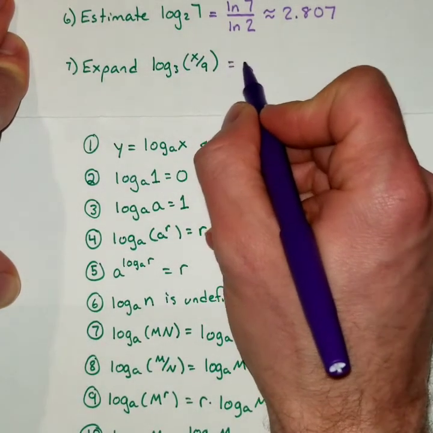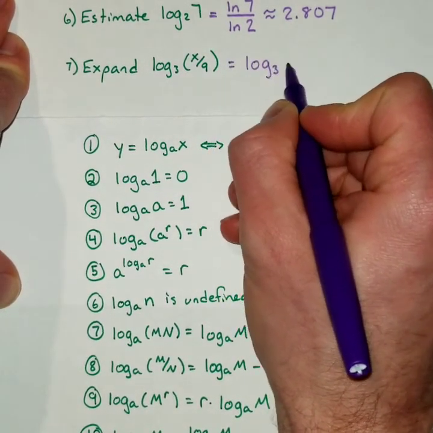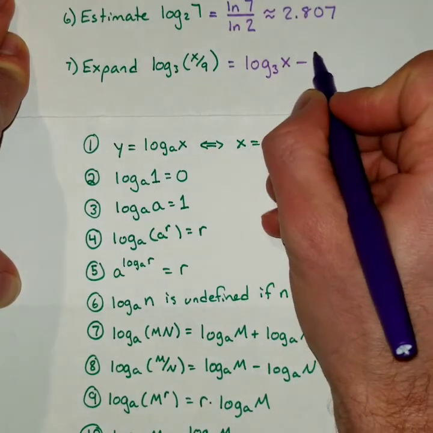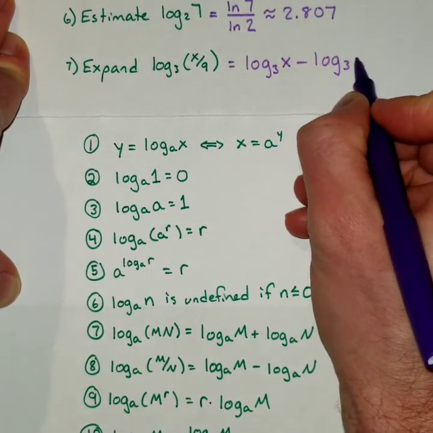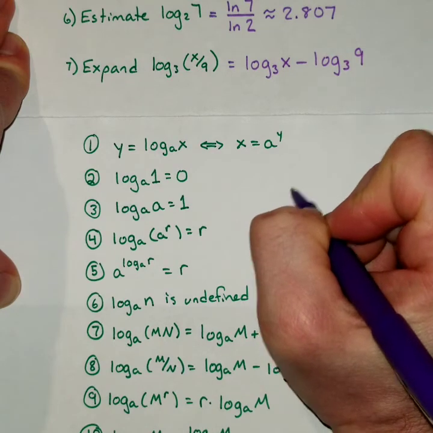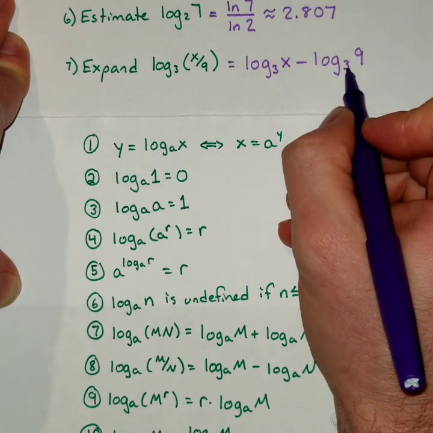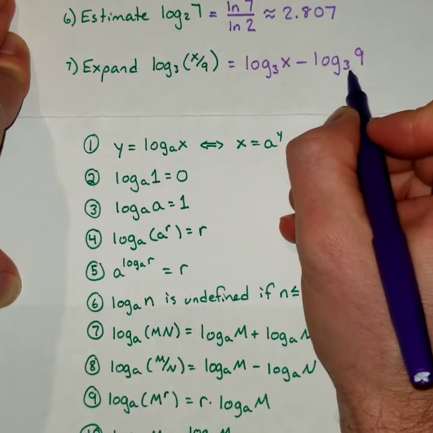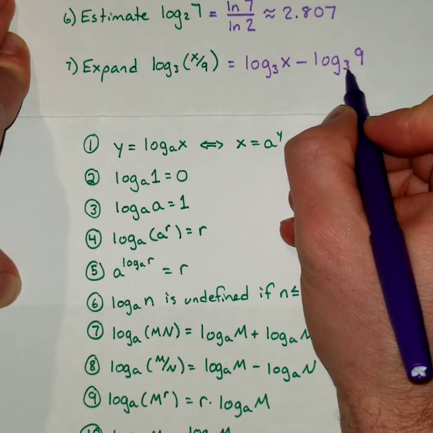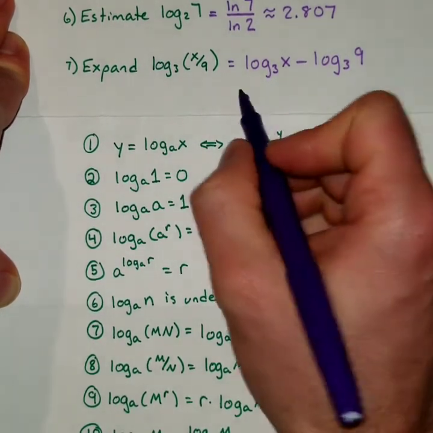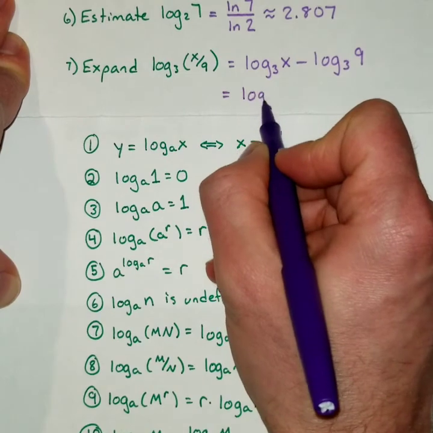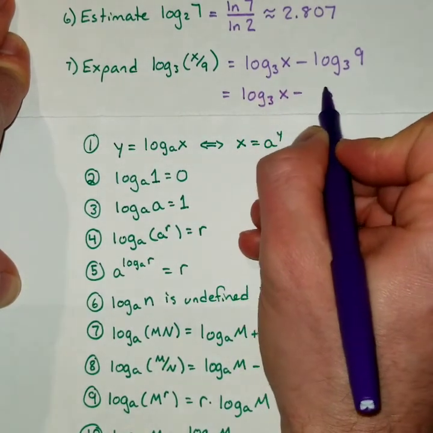So I take the log of the top minus the log of the bottom. And this bottom log, log base 3 of 9, can be evaluated because there's an easy power of 3 that gives me 9, and it's 2. So this actually equals log base 3 of x minus 2.